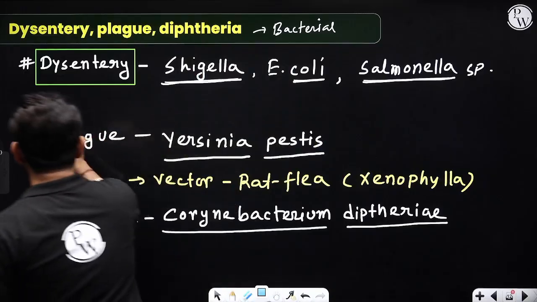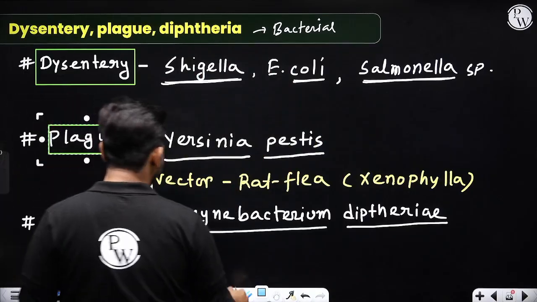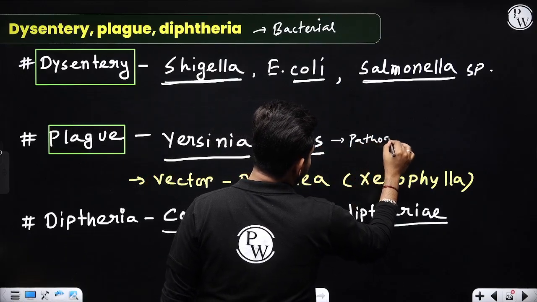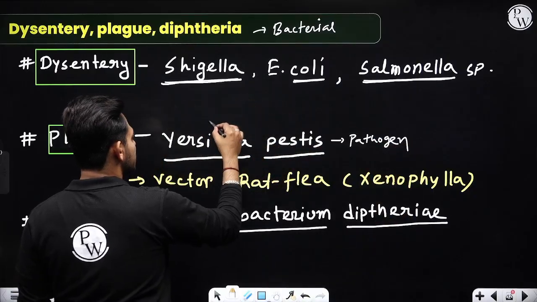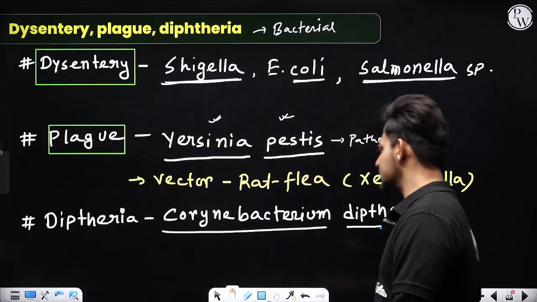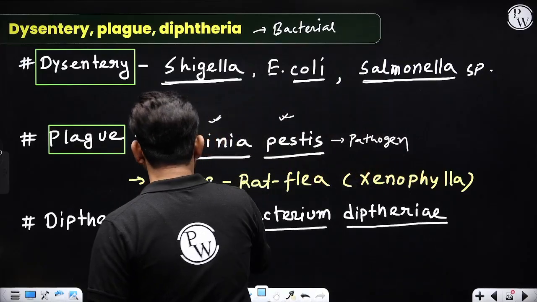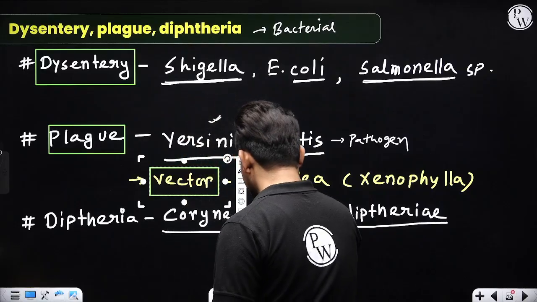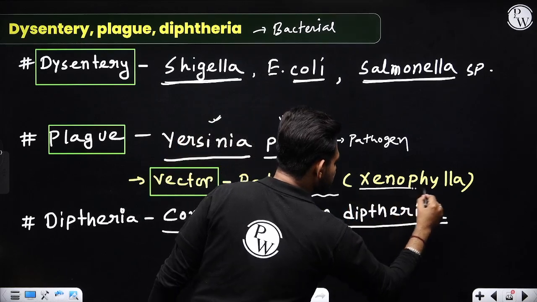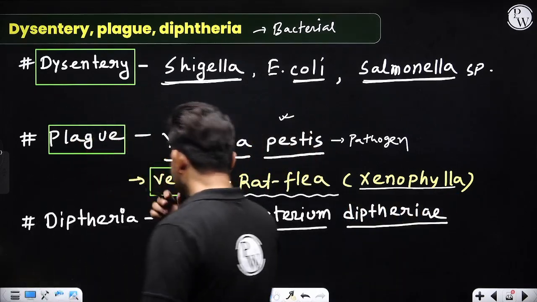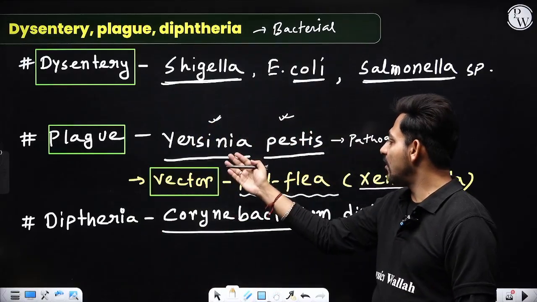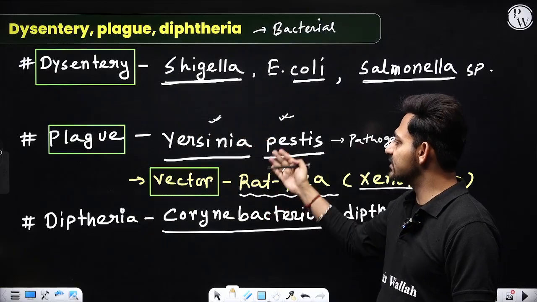Another disease we are talking about is plague, and the pathogen is Yersinia pestis. The mechanical vector for plague is a rat flea called Xenopsylla. The rats act as a reservoir of this bacteria.